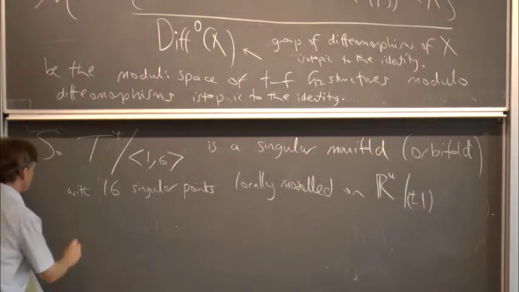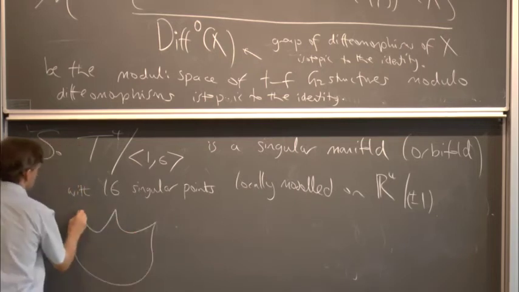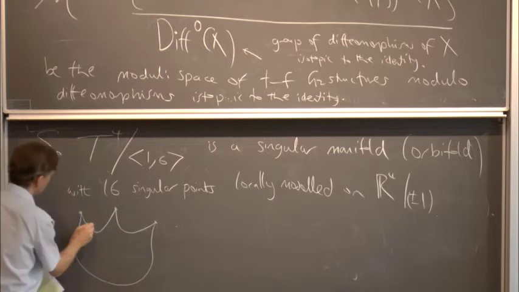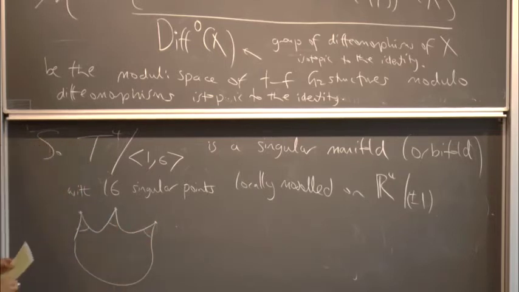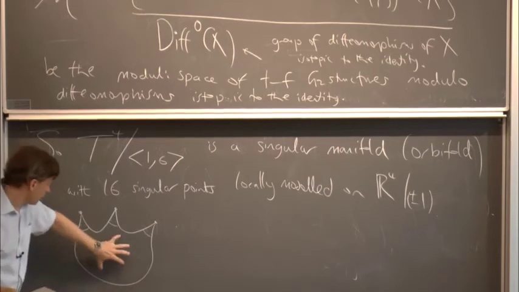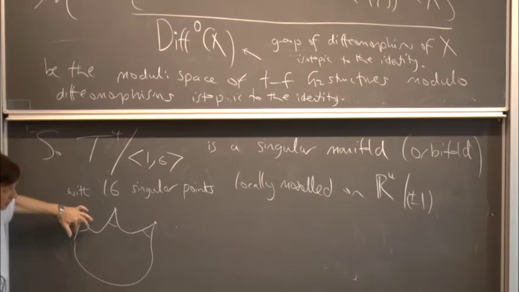You can draw yourself a picture of it. I can't be bothered to draw 16 of these, but think of it as a compact thing with 16 singular points. Each singular point is some kind of cone.